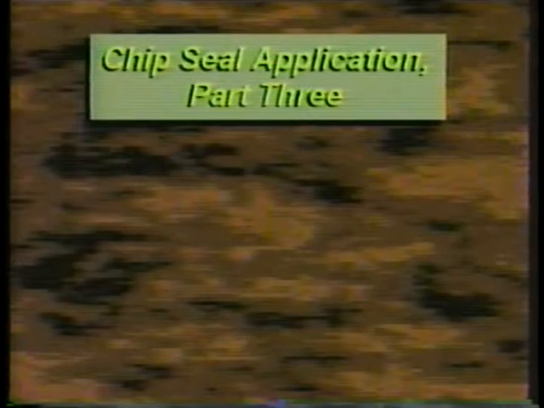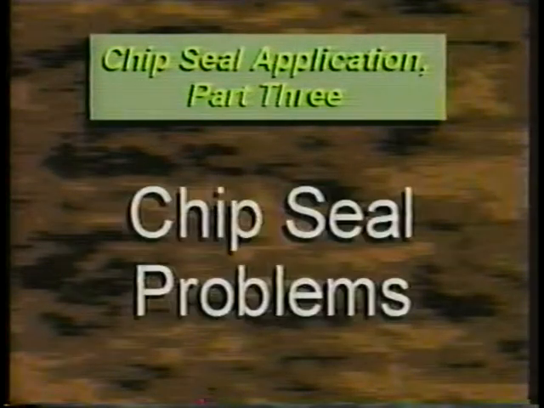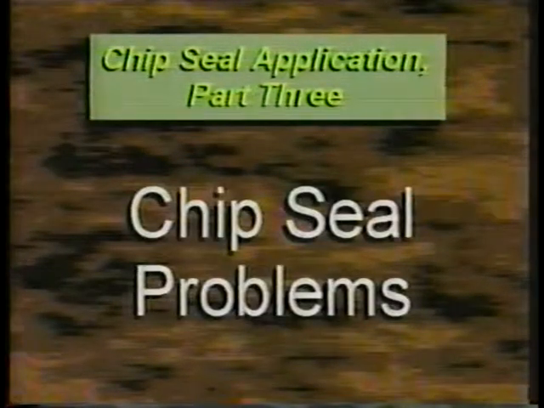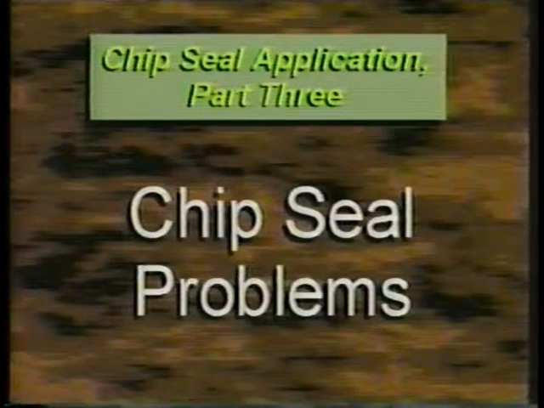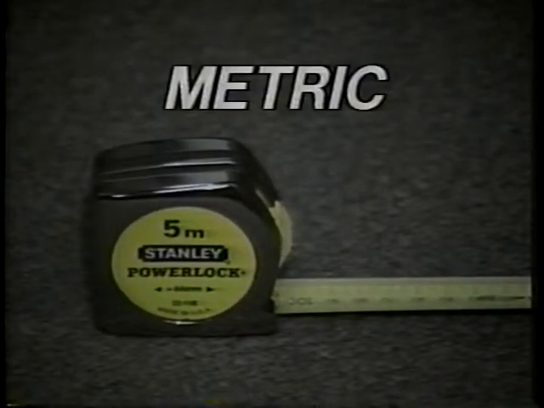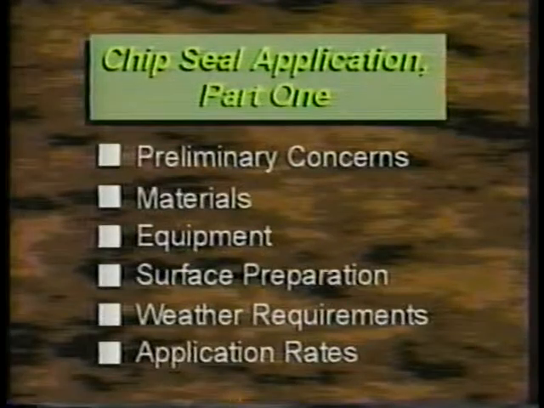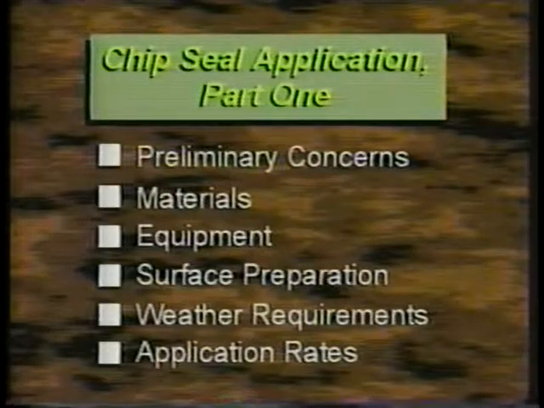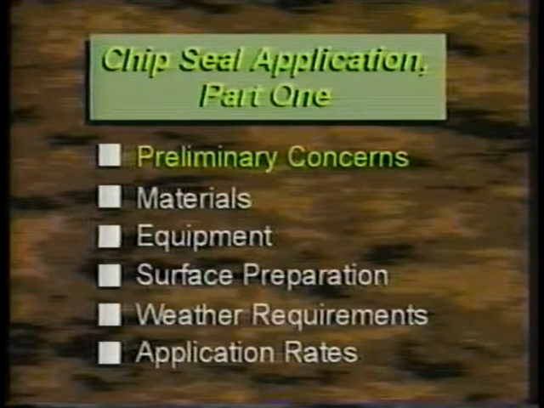Finally, in a 3rd part of the program, we'll look at some of the problems that occur during chip seal application. Now, because of our country's move to metric measurements, we're going to use metric units throughout this presentation. We'll begin here in Part 1 with preliminary concerns.